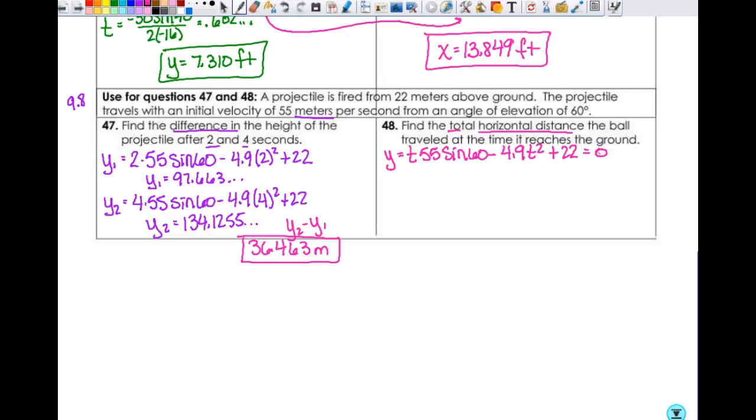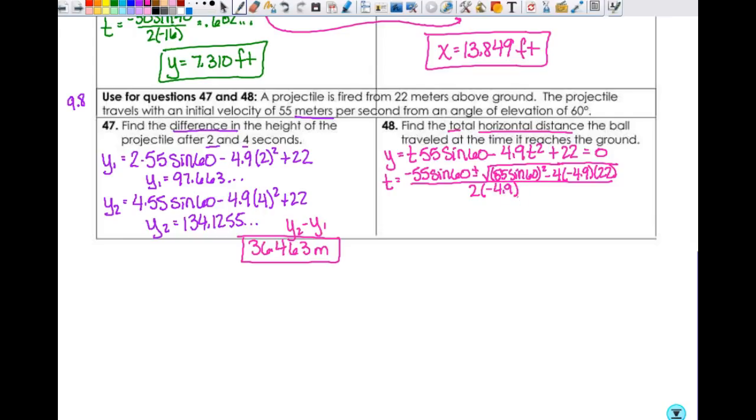Then t equals negative b, so negative 55 times the sine of 60, plus or minus the square root of 55 times the sine of 60 squared minus 4 times a times c, all over 2 times a, which is negative 4.9.